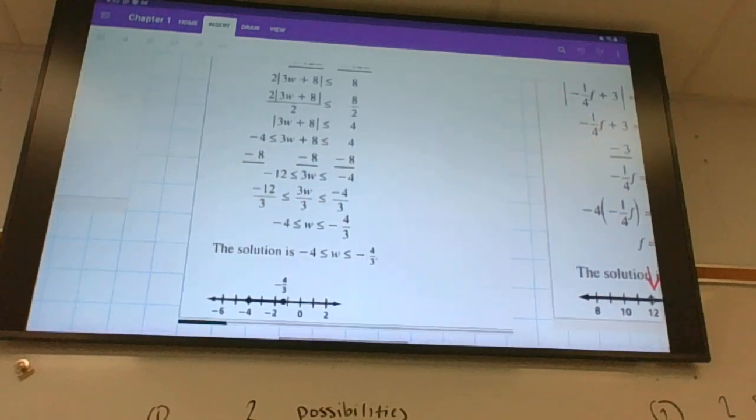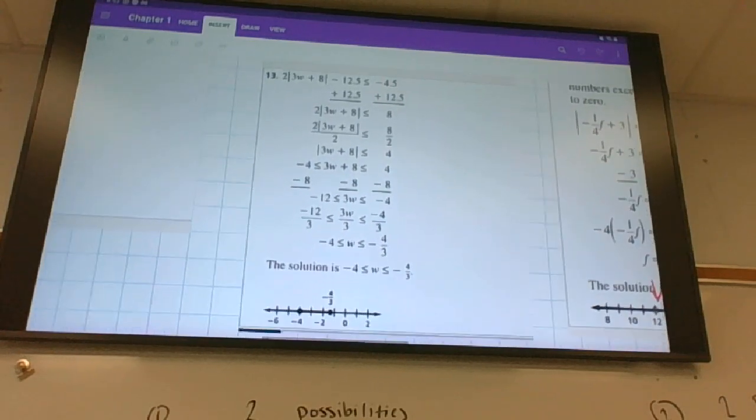Here's number 13. Get into a larger problem. Lots of work should be shown.